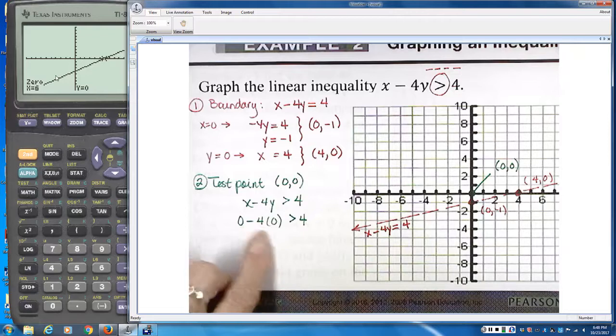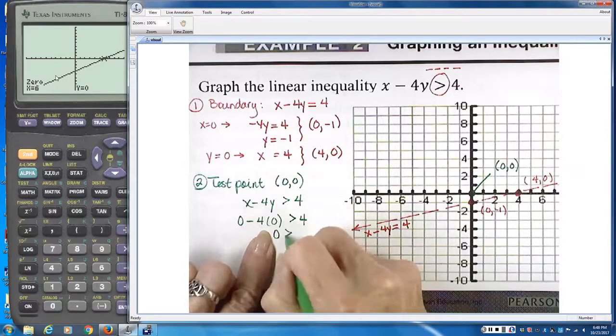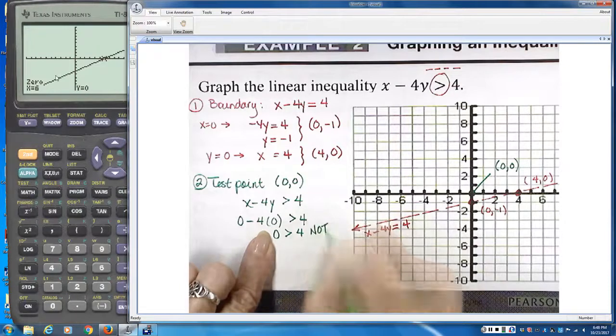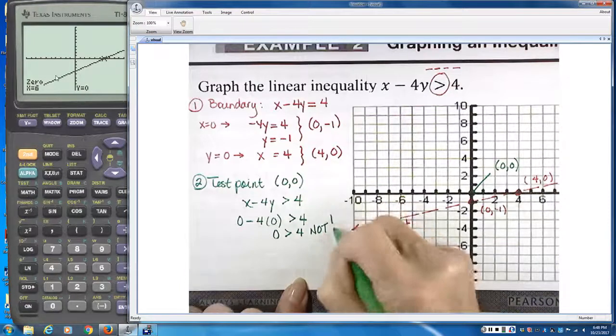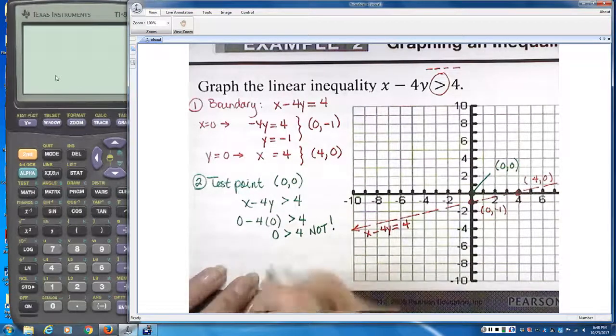And 0 minus 4 times 0 is 0, but 0 is not greater than 4. That's not true. So that means don't shade where 0, 0 is.